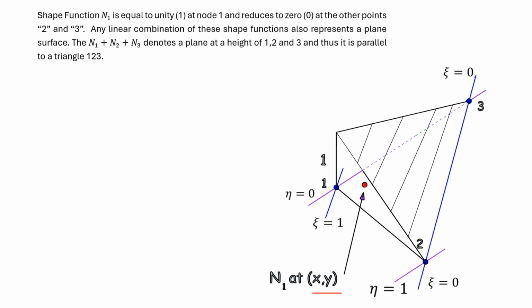Now you can see the psi equal to 0 axis and psi equal to 1 axis, and the eta equal to 0 axis and eta equal to 1 axis represented here, and basically we derive a relationship between all three shape functions: n1 plus n2 plus n3 is equal to 1. So this is the relationship between the shape functions which has been derived.